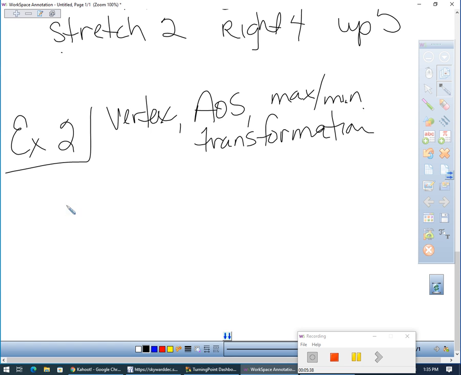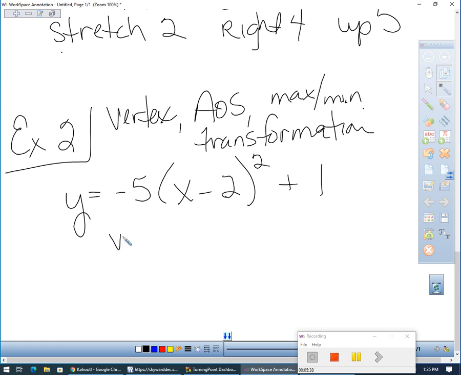So we have y equals negative 5 (x minus 2) squared plus 1. So our vertex is, again, remember the h and the k. So our vertex is the point (2, 1).